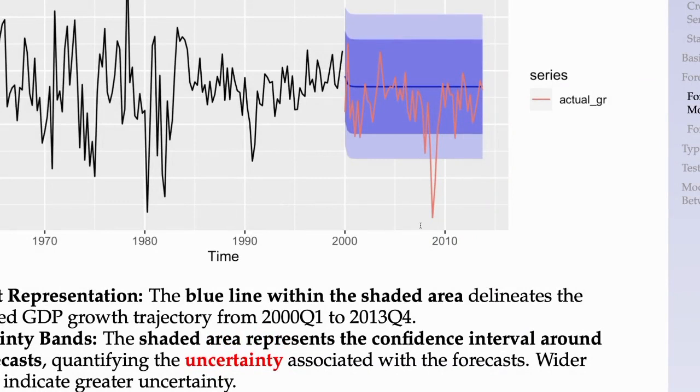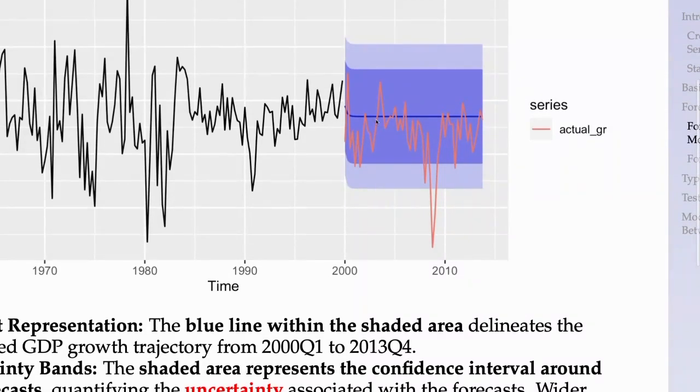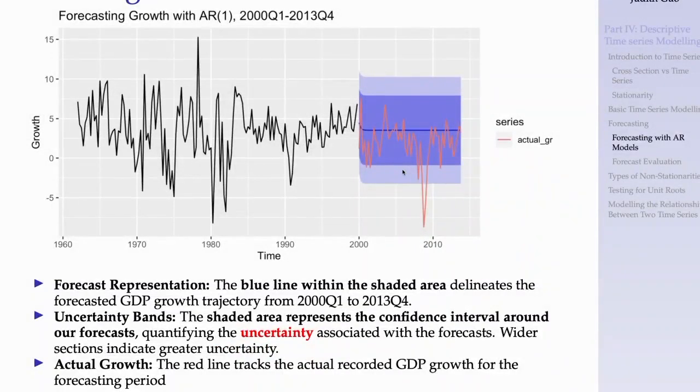That basically represents the shock coming from the credit crunch. Of course, back in 1999 Q4, one would never know that there would be a credit crunch happening in 2008, and therefore your forecast would never be able to take such a shock into account. So the forecast value is always very smooth. But this is also the fact that we're only forecasting using a very simple model, the AR1.